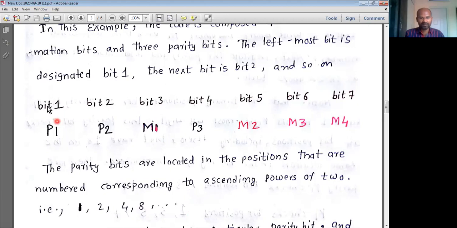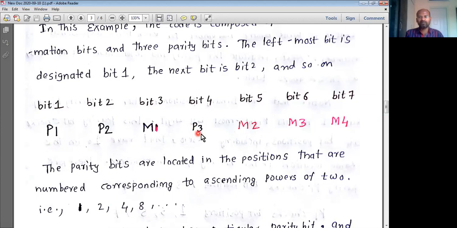The first place is bit 1. There you write the first parity bit. Bit 2 is also reserved for parity. P1, P2, and then bit 3, and bit 4 is also reserved for parity.